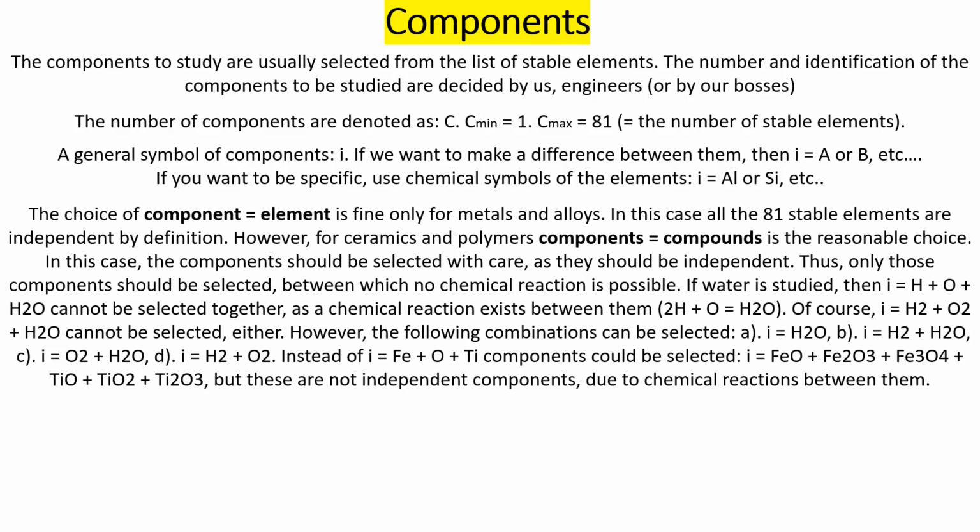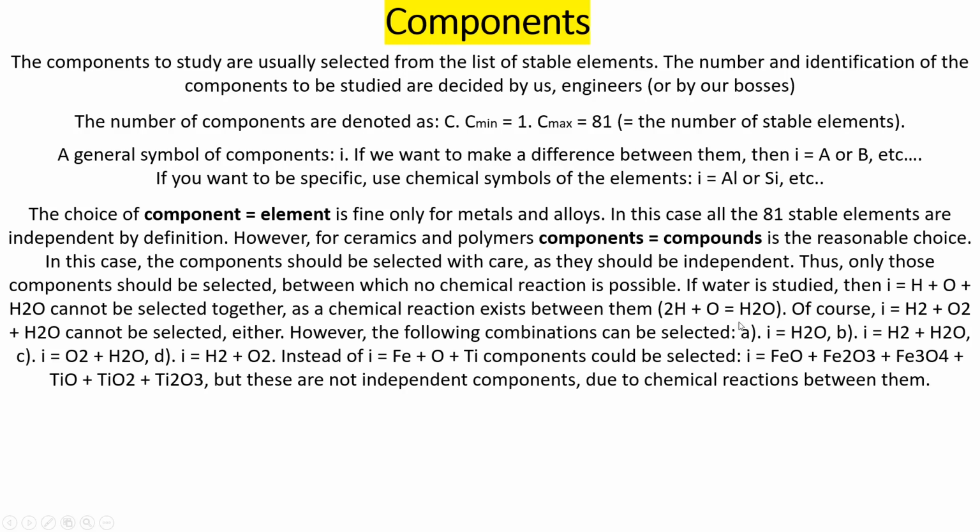For example, if you want to study water, in principle you can select hydrogen and oxygen and H2O as free components, but this goes against the principle that the components should be independent, and they are not independent because you can write a chemical reaction between them, 2H plus O equals H2O.